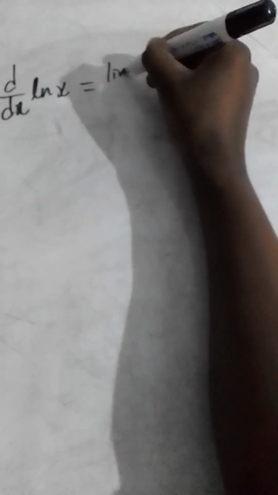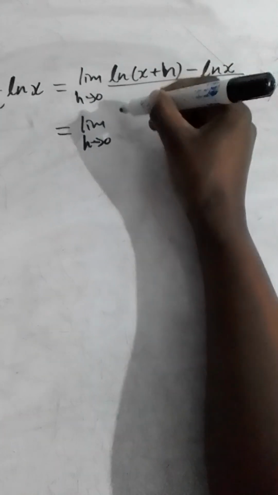Another interesting one. From first principles again, we're going to have the limit of the difference quotient, ln of x plus h minus ln of x, all over h.